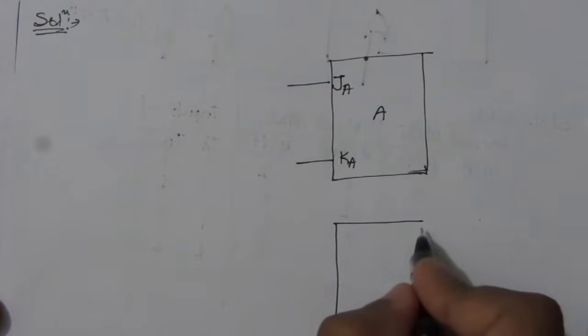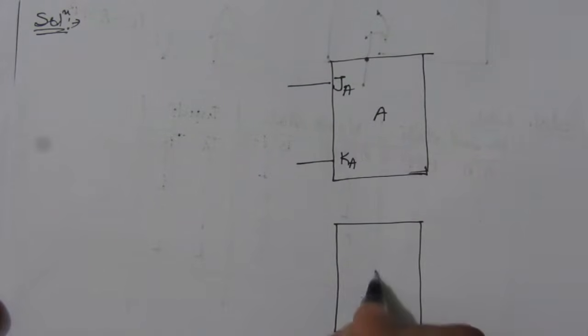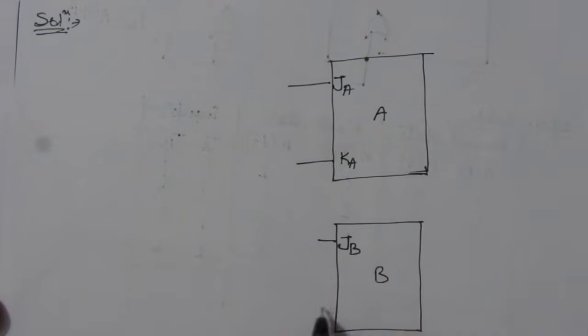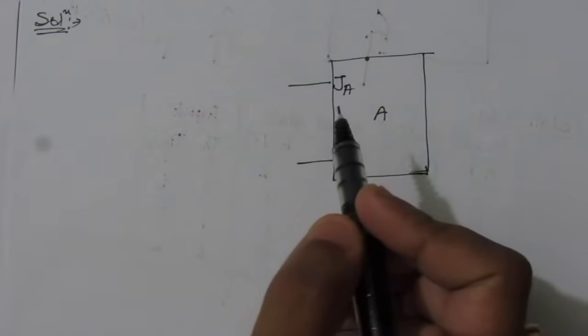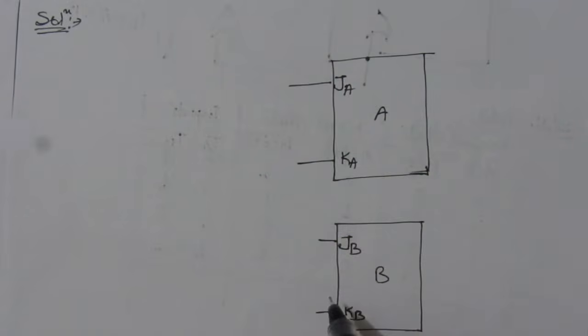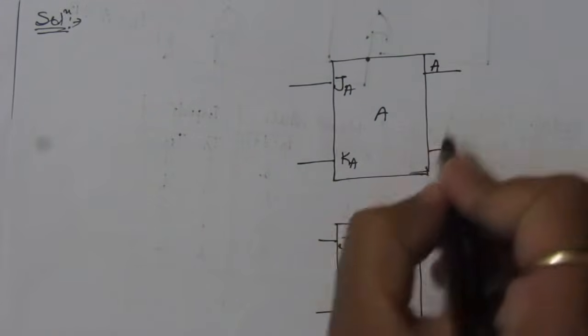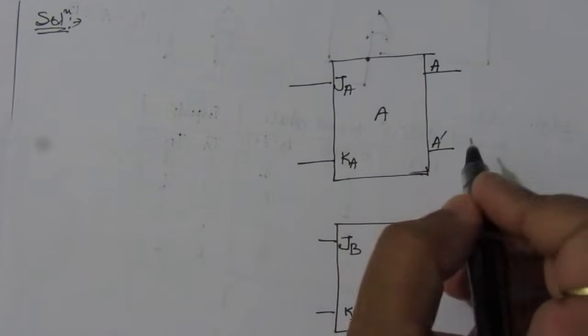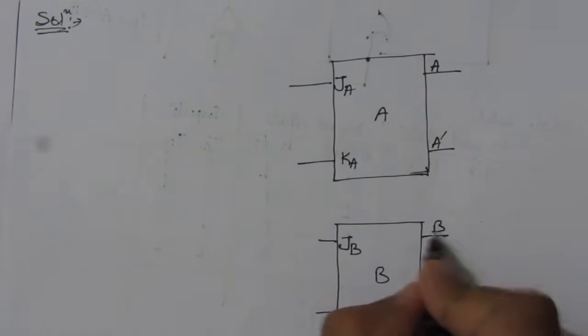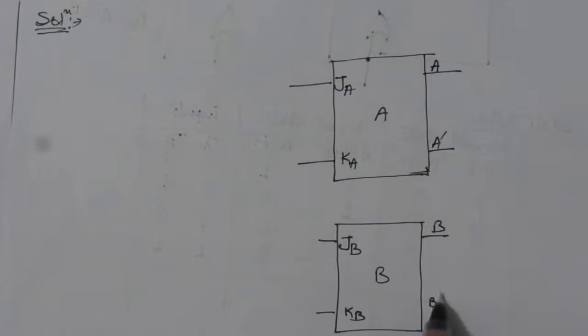This is B and the inputs are JB and KB. So these are the two JK flip-flops. Here we have A and A complement. Here we will have the outputs B and B complement.